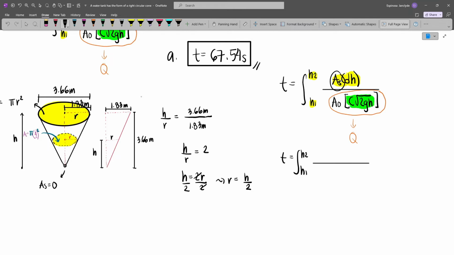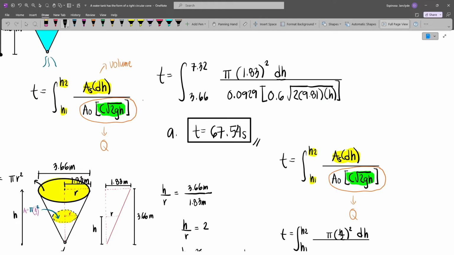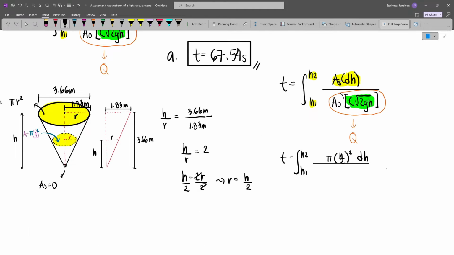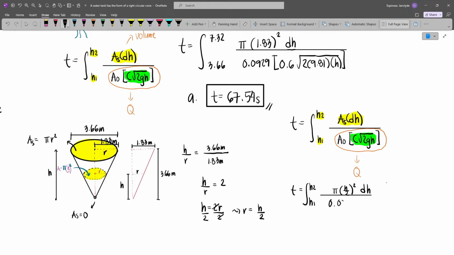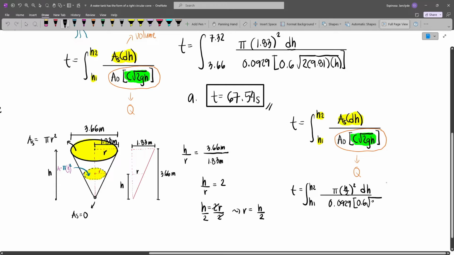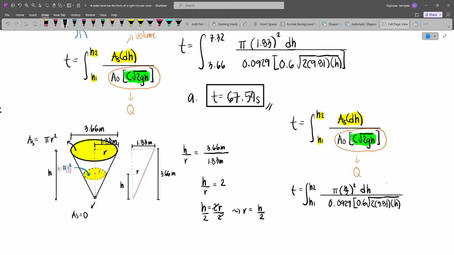And then our AS will become pi times h over 2 squared. And then dh. By the way, meron din tong dh dito. Nakalimutan ko lang. And then yung AO natin is still the same, which is 0.0929. And then multiply natin to by 0.6, which is c, times square root of 2gh. Yan. And then since isa na lang yung variable natin dito, which is h, masosolve na natin yung definite integral.